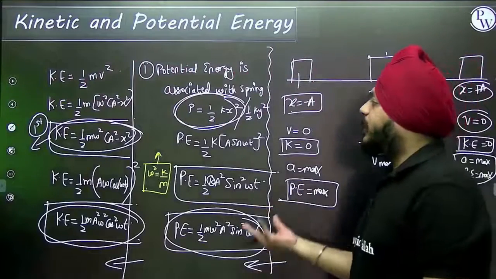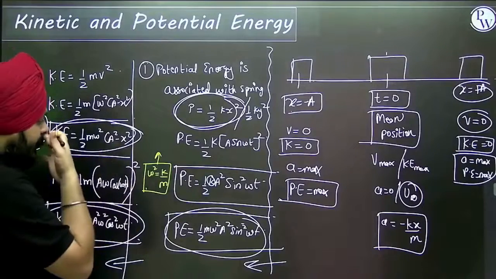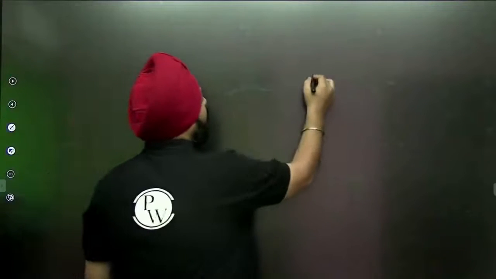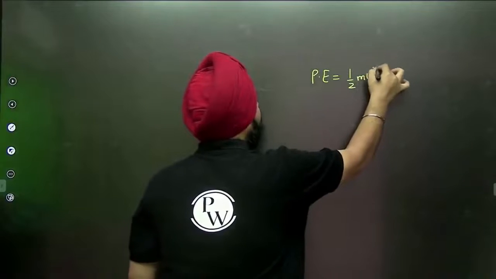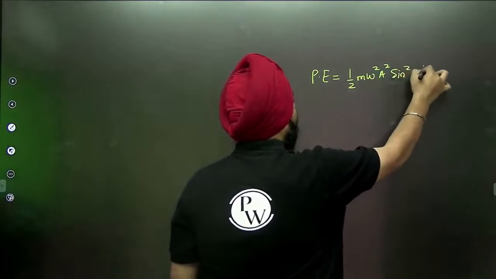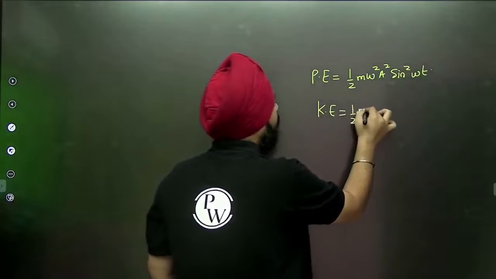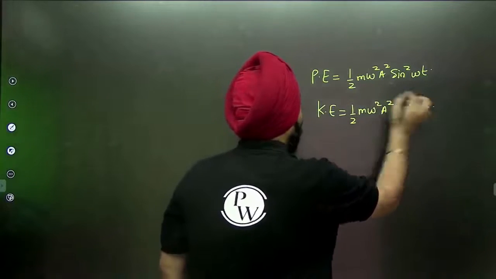Again, if you want to write these four equations, we can write potential energy equal to half m omega square a square sine square of omega t. Similarly, kinetic energy is equal to half m omega square a square cos square omega t.